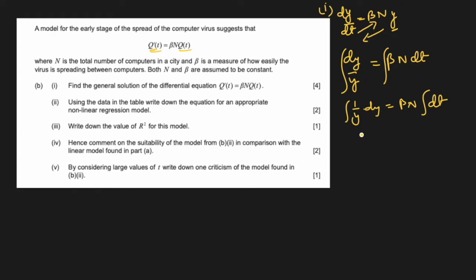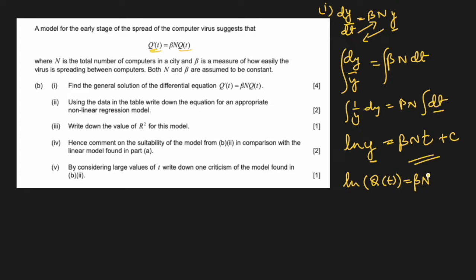The integration of 1 over y is the natural log of y, equal to beta N, and the integration of dt is just t, and then plus c. This is the general solution of the differential equation, but there was no y. Y was my creation, so I will put it back: ln of Q(t) equals beta N t plus c.